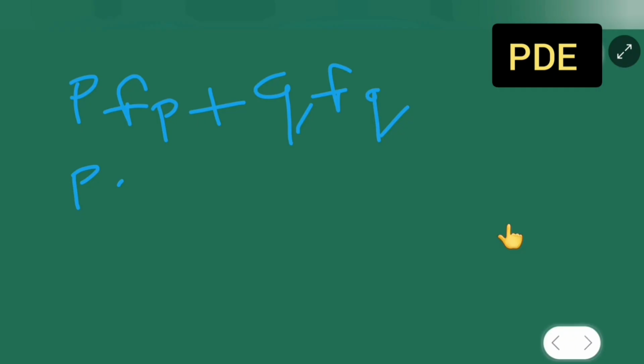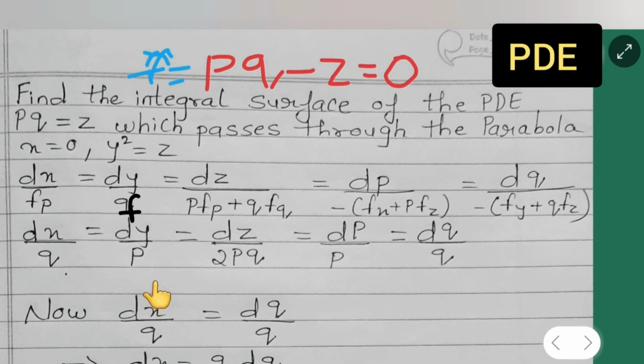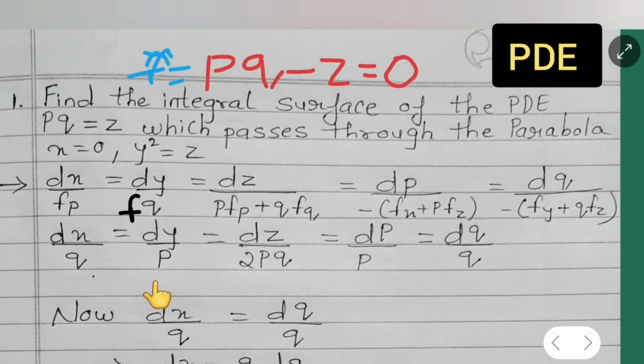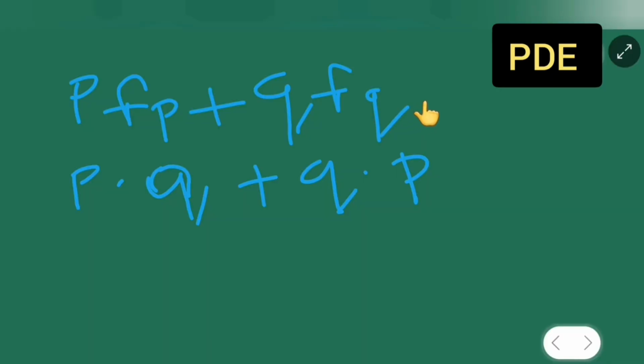So write down the value over here: p into q, plus q into p, because Fq differentiated with respect to q gives nothing but p.